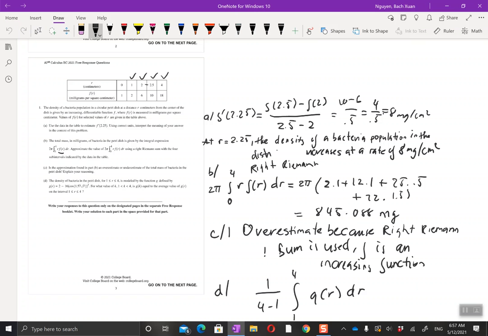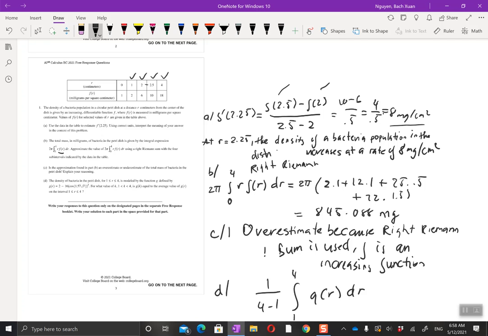So we find the average between 2 and 2.5. So we got f of 2.5 minus f of 2 over 2.5 minus 2, and we got 8 milligrams per centimeter squared.